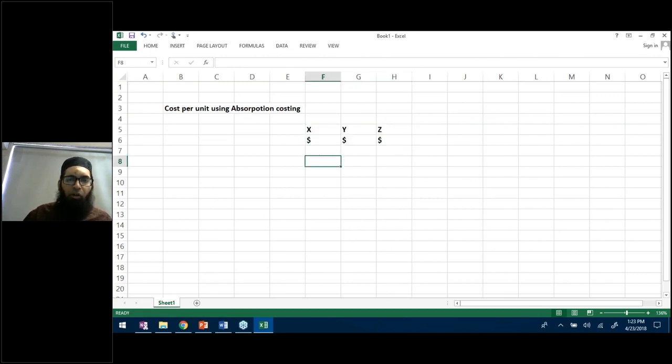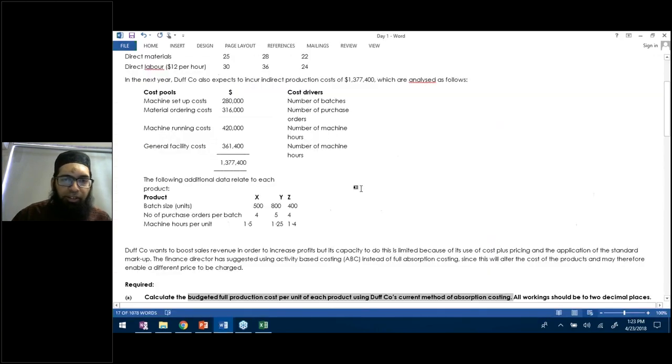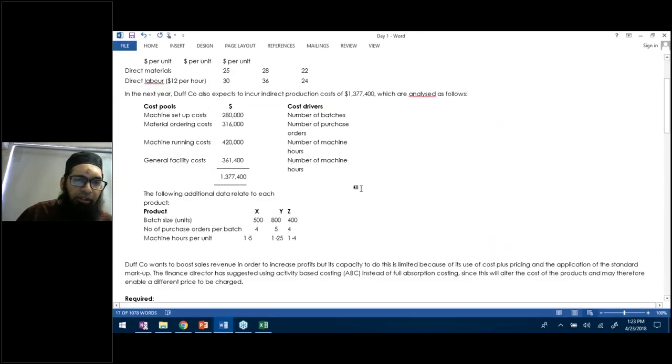Now to calculate the product cost per unit, I will require the cost of material, then labor, and then finally the overheads. Now both of these costs, the material and labor costs, are easy because they are already provided in the question.